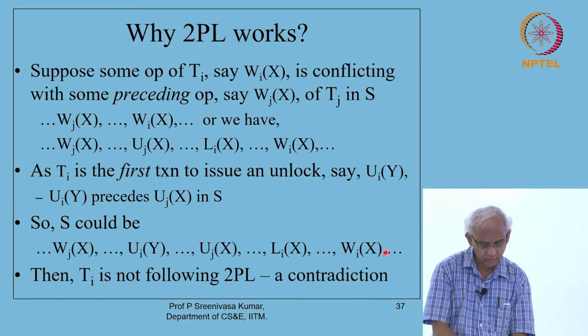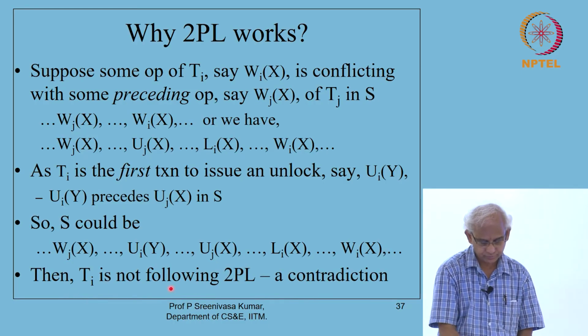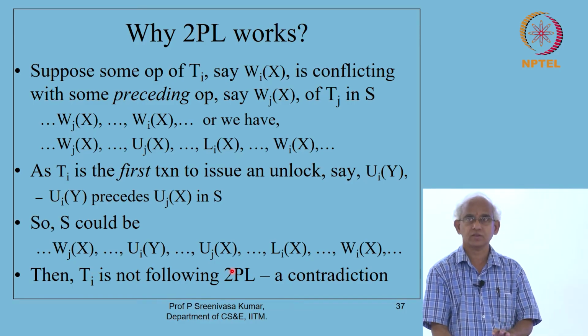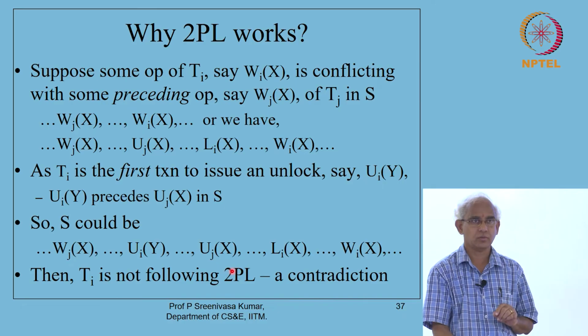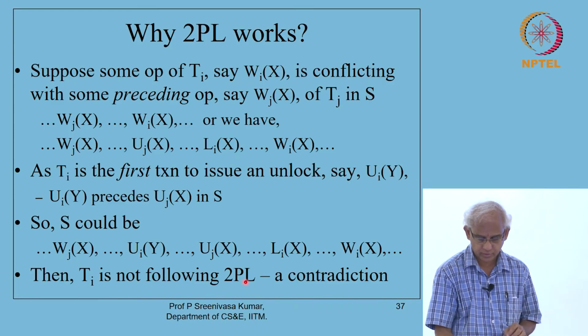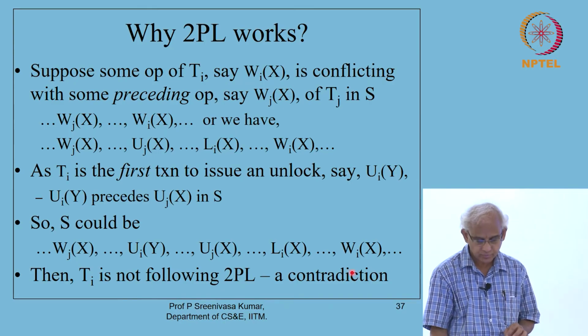So, this leads to a contradiction about the assumption that we made that all the transactions follow the 2PL protocol. Is that clear? So, Ti is not following the 2PL protocol, which is a contradiction.